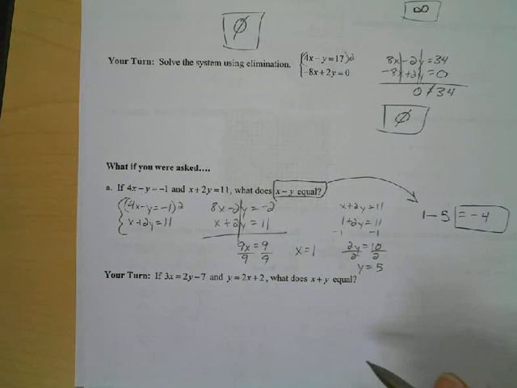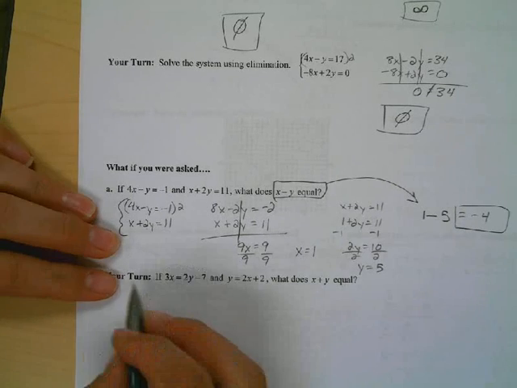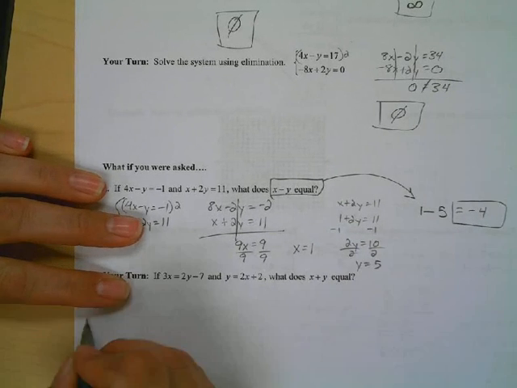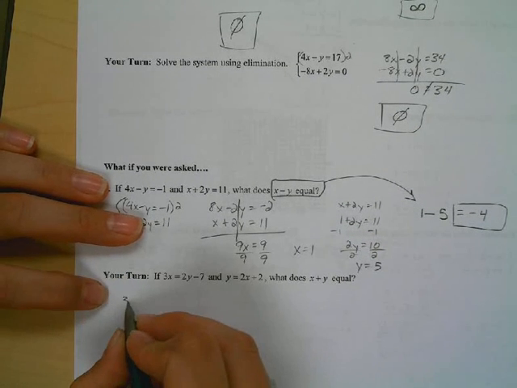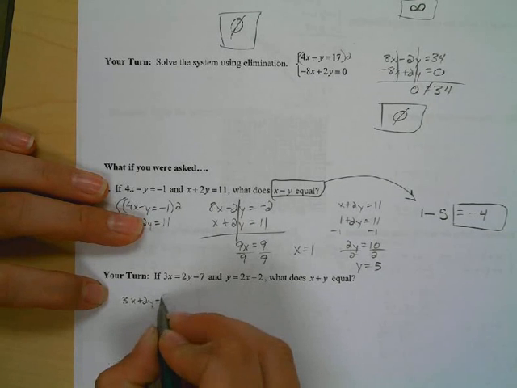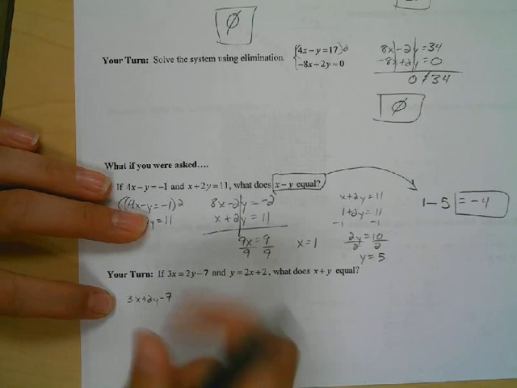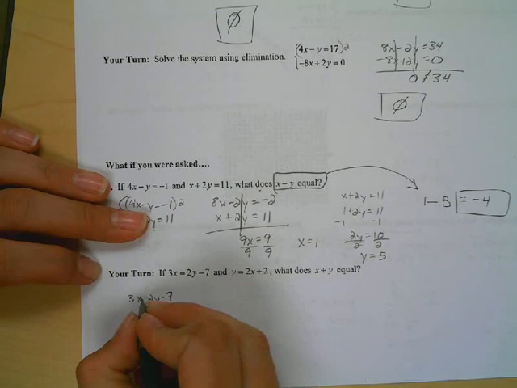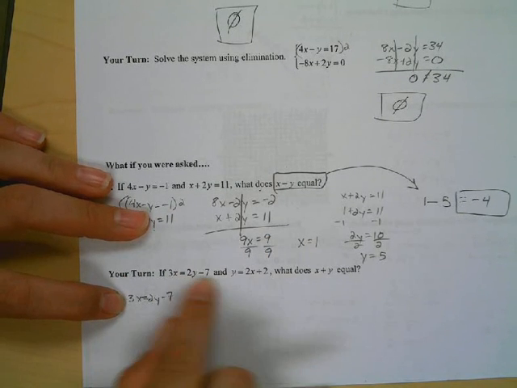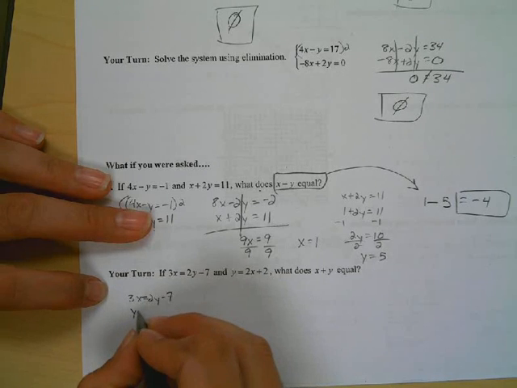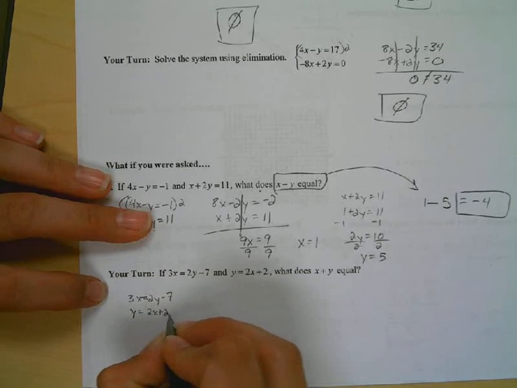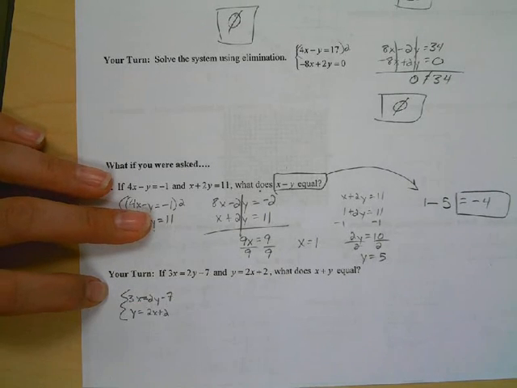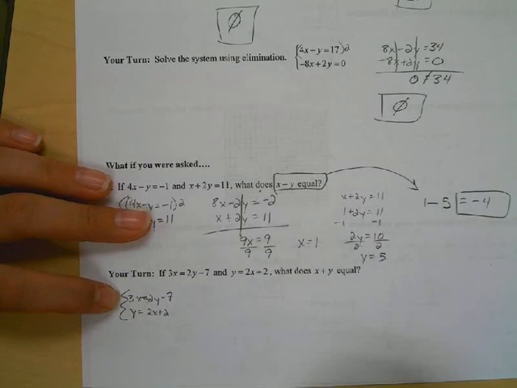So hopefully you tried the your turn. Here we go. Set it up as a system. 3x equals 2y minus 7. y equals 2x plus 2. So here's my system. Remember, it has to be in ax plus by form.